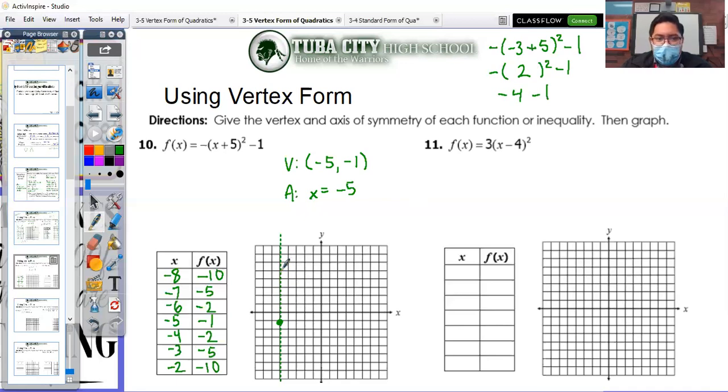So now we have our table. And I can't graph negative and +10, so I'm going to only graph these 5 points. So back 7, down 5. And then the next one is -6, -2. So back 6, down 2. We have our vertex already graphed. So -4, -2. Back 4, down 2.